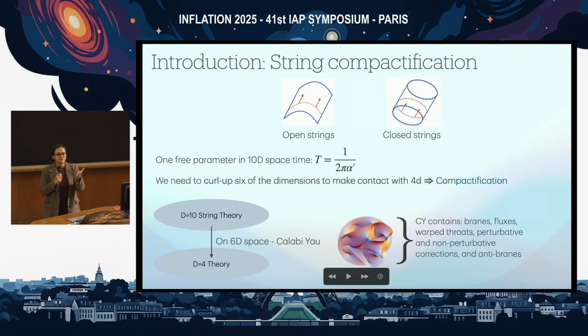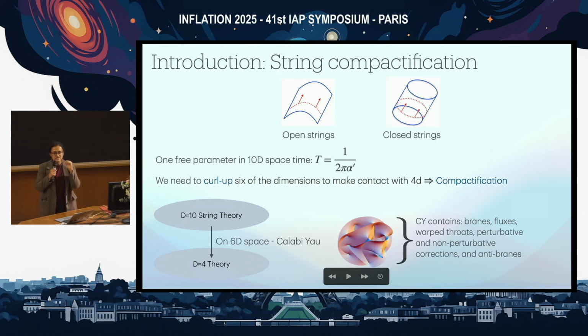The string theory I'll be interested in is the 10-dimensional type IIB superstring theory, where in order to connect to 4D, I'm going to dimensionally reduce the extra 6 spatial dimensions. The information will not be lost. It will be there in the internal manifold where I'm going to compactify, which means I'm going to get rid of these extra dimensions, and for phenomenological purposes this will be a Calabi-Yau manifold.